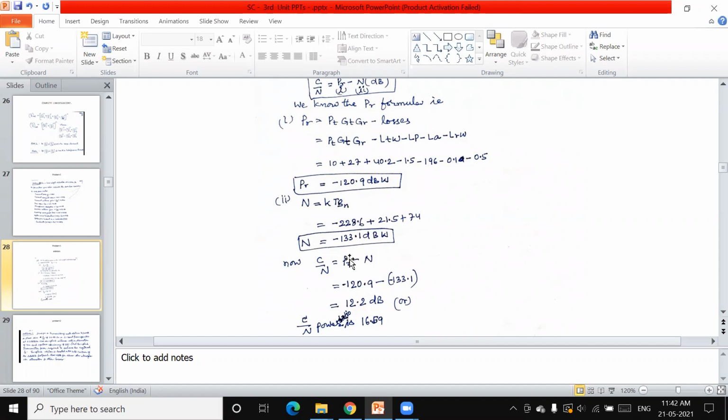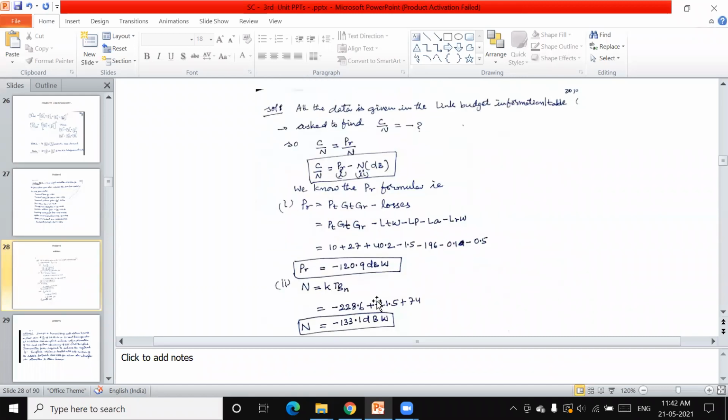You can simply substitute and you are going to get minus 133.1. Therefore, C by N is equal to PR minus N, minus 120.9 minus minus 133.1. You are going to get 12.2 dB. Or just convert that into a ratio, and you are going to get the C by N power ratio as 16.59.